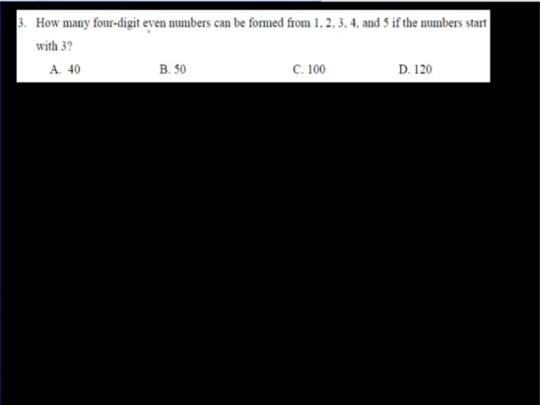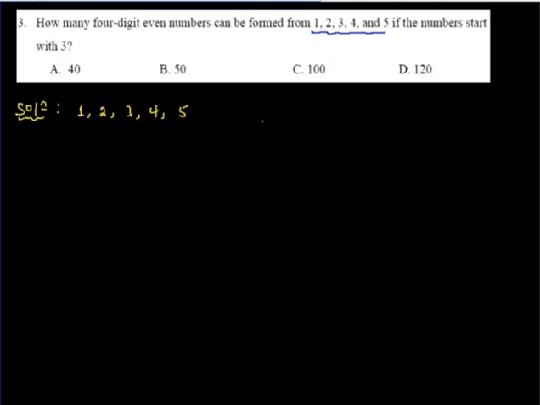How many 4-digit even numbers can be formed from the numbers 1 up to 5 if the number starts with 3? Here the question is how many 4-digit even numbers can be formed using these numbers 1 up to 5.